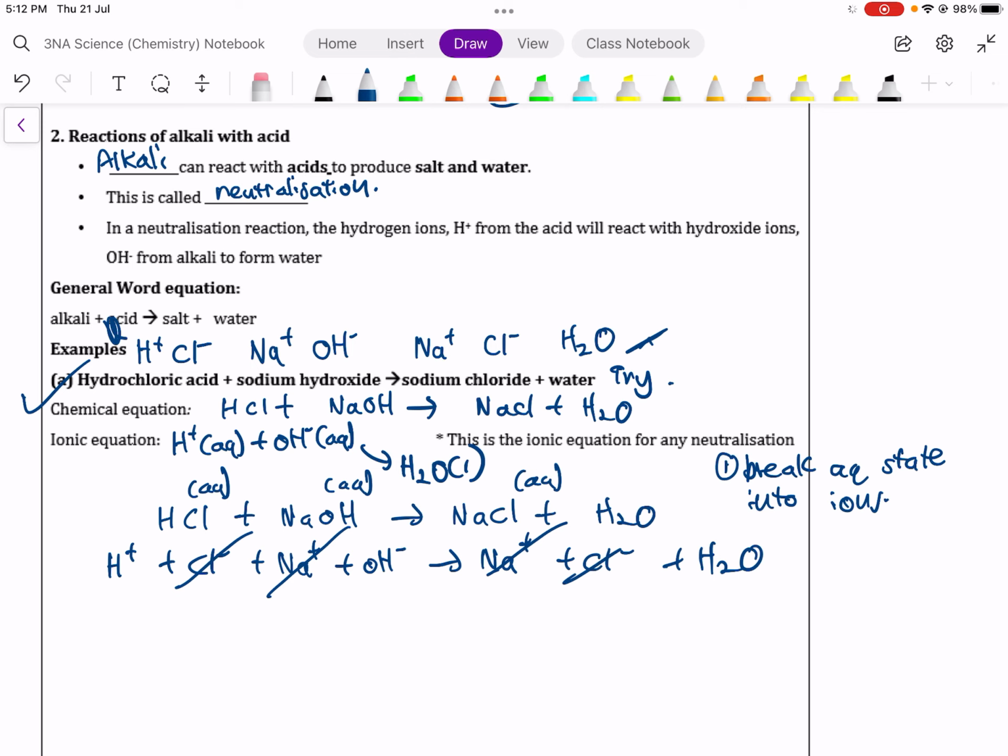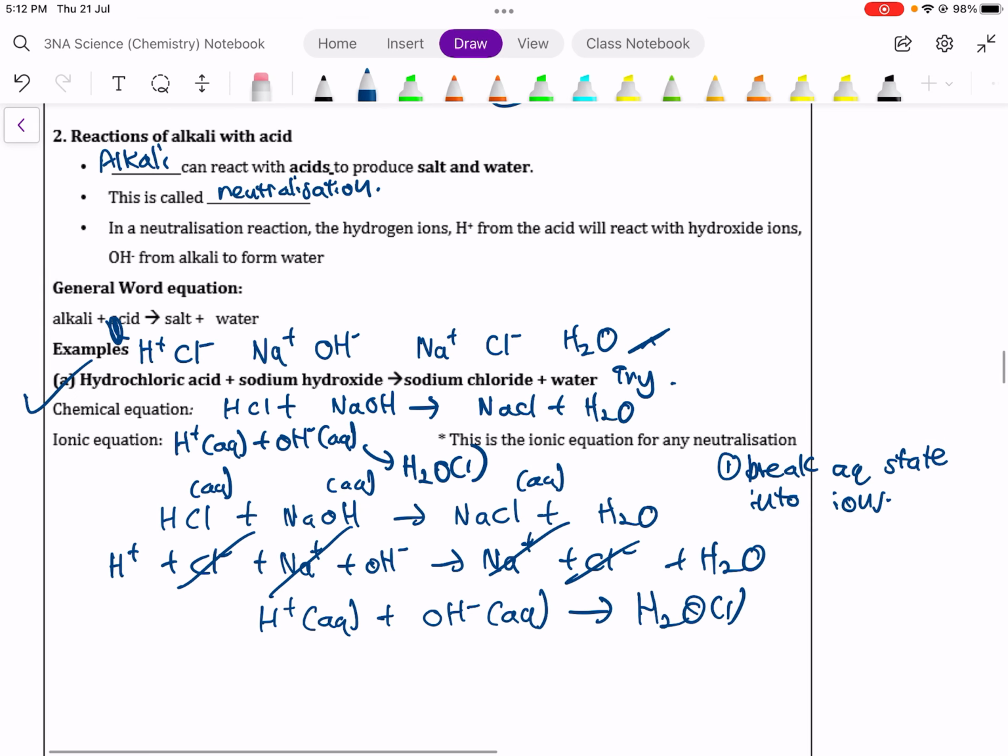Then you can cancel, so you will still land up with this: H plus OH minus gives you H2O, one from acid, one from alkali.